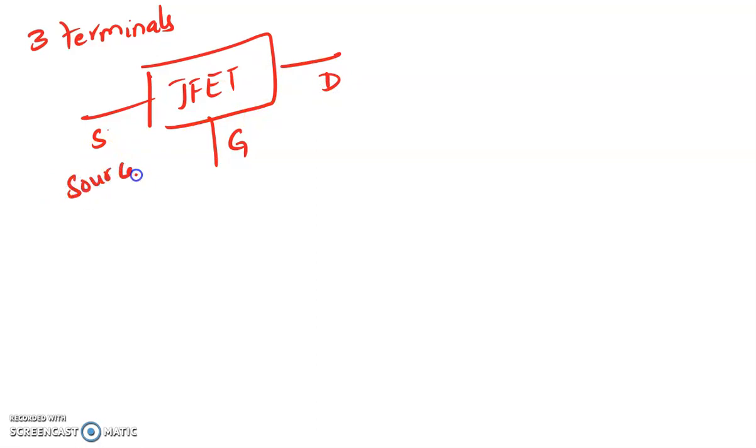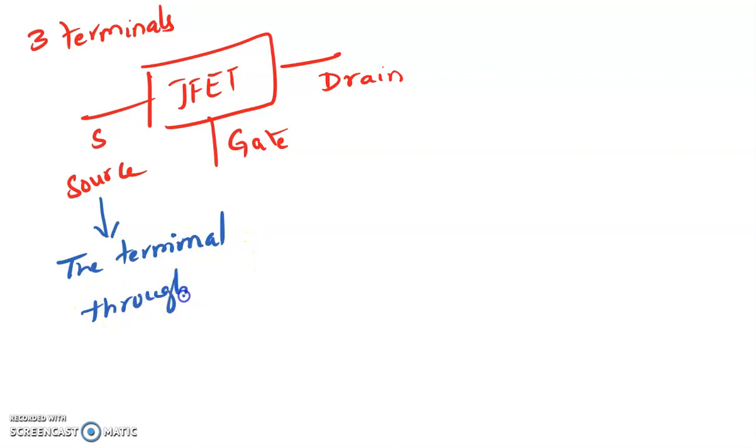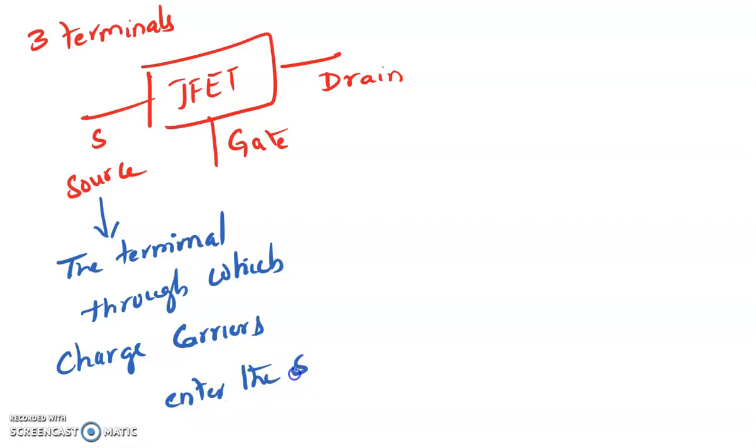The source terminal is the terminal through which charge carriers enter the semiconductor bar.